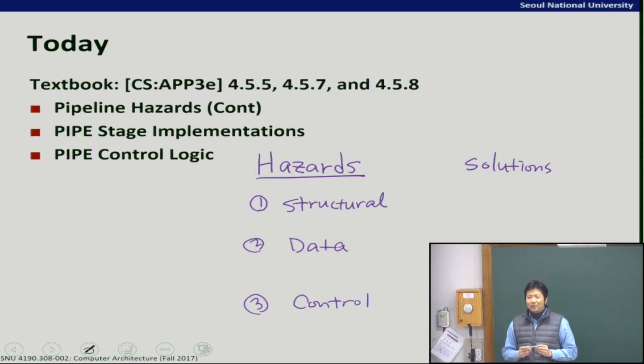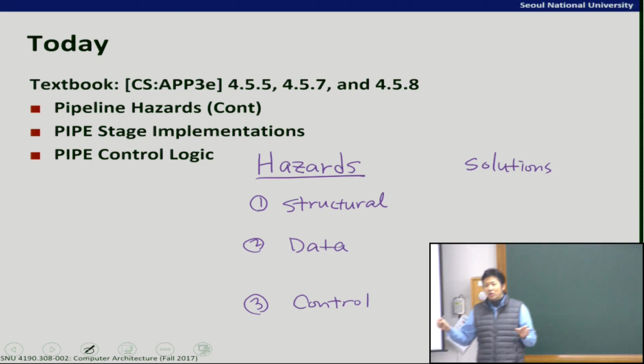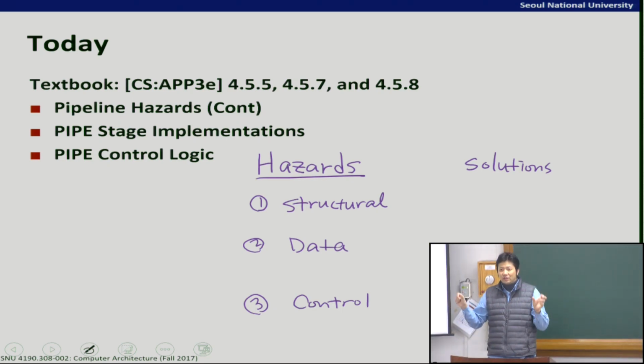Structural hazard happens when two instructions in different stages try to access the same resource, right? And perhaps the only way to resolve this structural hazard is to replicate the resource. For example, we have a separate instruction memory and data memory, so that the instruction in the mem stage and the instruction in the fetch stage can access the memory at the same time.